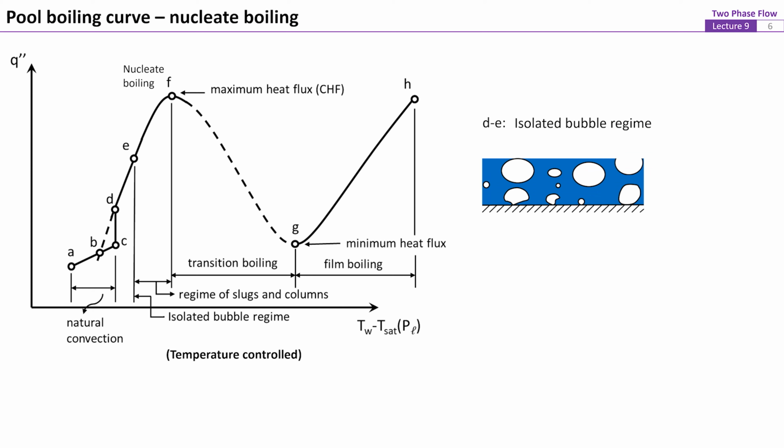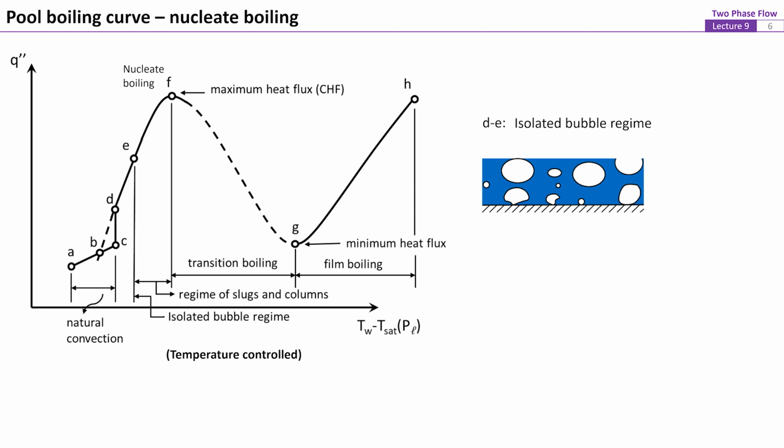After the onset of nucleate boiling, if the excess temperature is further increased, more nucleation sites on the heated surface will be activated. The number and growth rate of vapor bubbles therefore increase and result in rapidly increased heat flux along the boiling curve from point D to F. This is the nucleate boiling regime, and apparently is the major section on the boiling curve that is of great interest for enhancing heat transfer by utilizing liquid-vapor phase change.